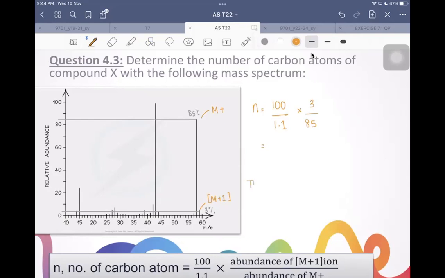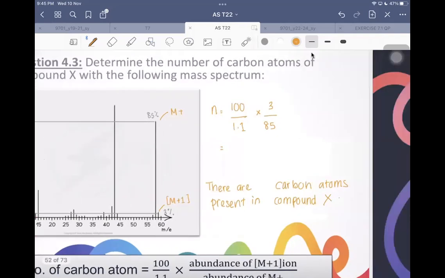Then your answer would be there are X carbon atoms present in compound X. We don't know anything else about it, and we're not expected to find out the molecular formula or the identity of compound X, so we just leave it there. Okay, moving on to the next one.